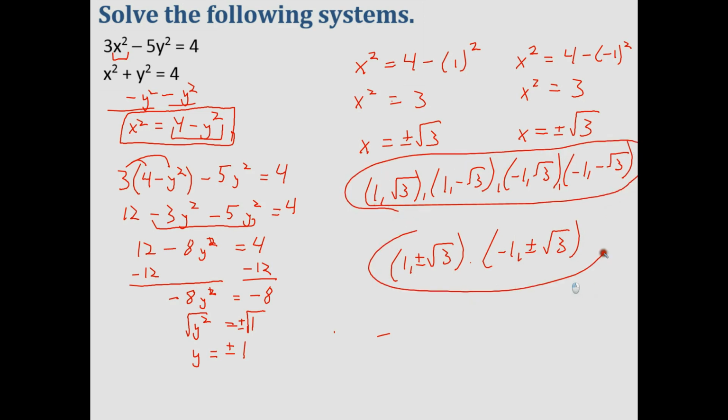This is an answer. Now, in fact, with this one, this is kind of a rare case. You can't often do this, but we had 1 went with plus or minus root 3, and negative 1 went with the same thing. So we could actually also put plus or minus 1 goes with plus or minus root 3. This tells us 4 solutions right here: 1 with positive root 3, 1 with negative root 3, negative 1 with positive root 3, and negative 1 with negative root 3.